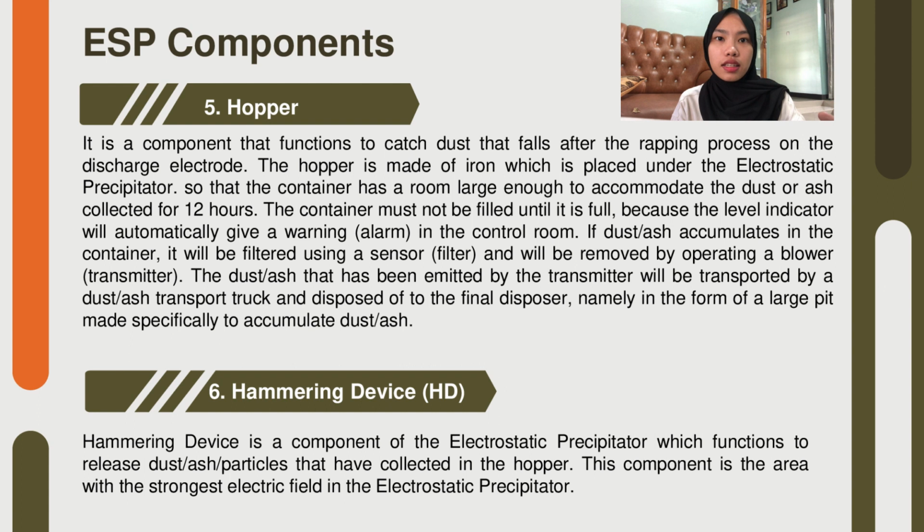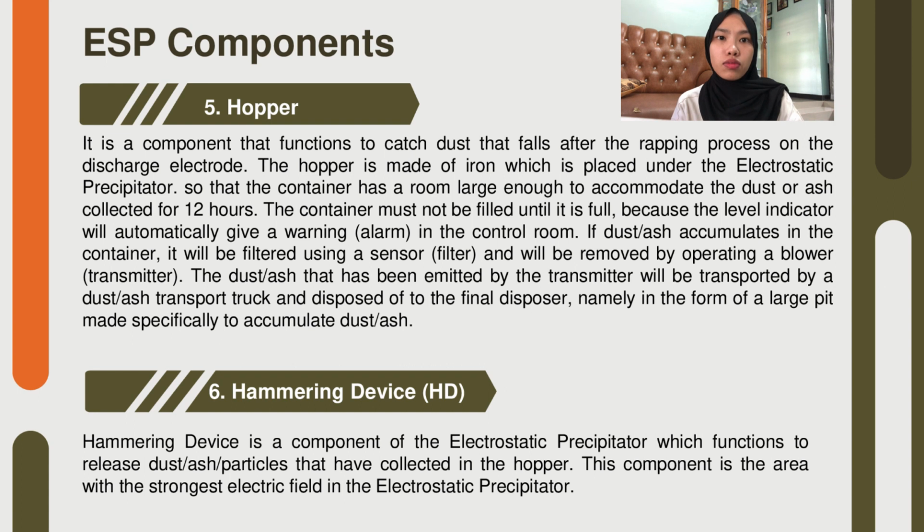The next is the hopper. The hopper is a component that functions to catch dust that falls after the rapping process on the discharge electrode. The hopper is made of iron which is placed under the electrostatic precipitator so that the container has a room large enough to accommodate the dust or ash collected for 12 hours. The container must not be filled until it's full because the level indicator will automatically give a warning in the control room.